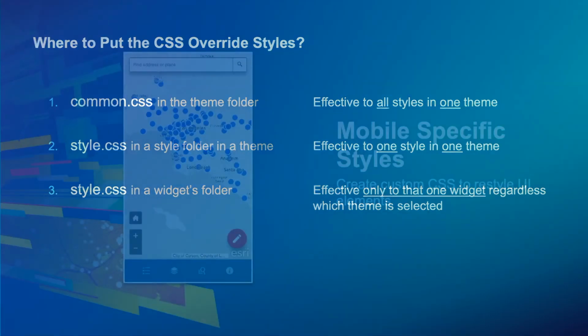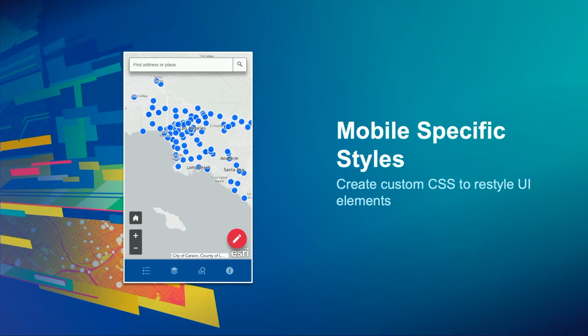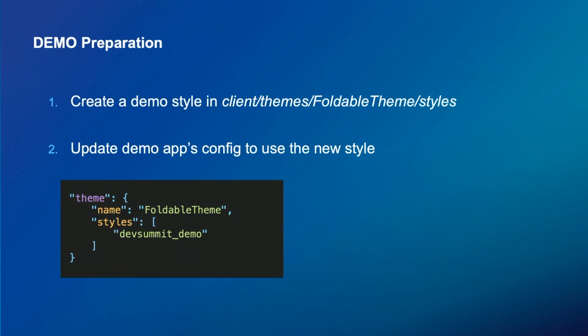All right, so let's do another quick demo on how to add some custom CSS rules to restyle the UI elements in the demo app we just created. Okay, so here is the end result of how the app is going to look. All right. Again, some demo preparation.